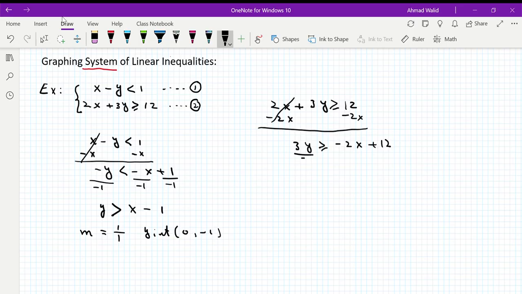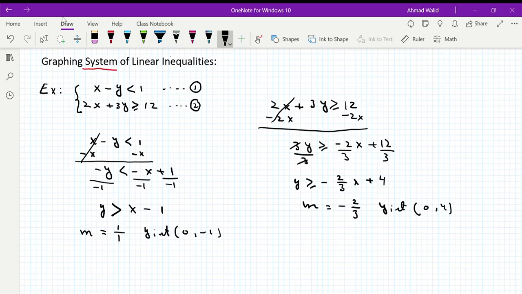Divide by 3. y greater than or equal to negative 2/3 x plus 4. The slope is negative 2/3 and the y-intercept is (0, 4).